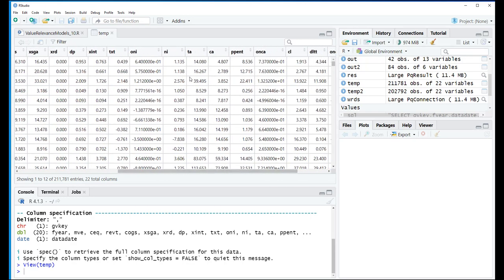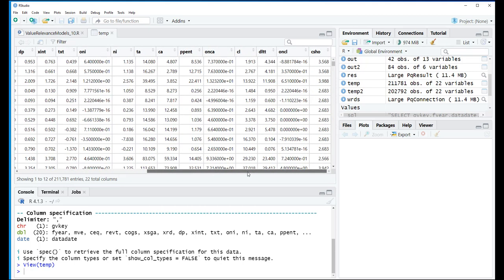NI is net income. Then we have assets here, so the TA is total assets. Then we have current assets, PP&E, other non-current assets, and then we have liabilities. So current liabilities, the long-term debt liabilities, other non-current liabilities, and then the final thing is the number of shares outstanding.